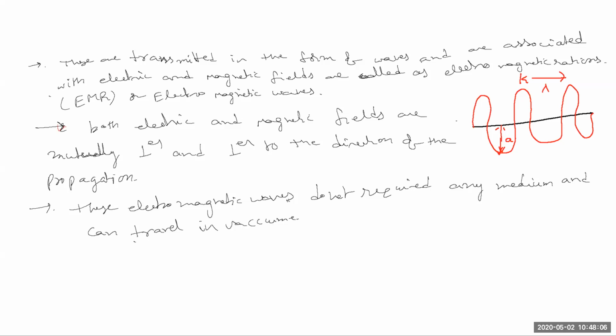Yes, what are some of you asking? Radiations, or waves, are radiations only. What is after electromagnetic in the second line? Electromagnetic, with electric and magnetic fields, are called electromagnetic radiations.